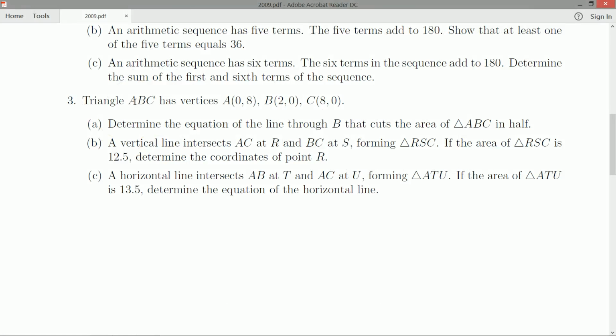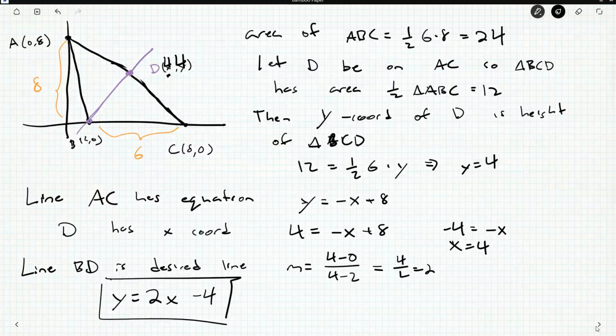All right, so that's part A. B. A vertical line intersects AC at R and BC at S. This forms triangle RSC. If the area of RSC is 12.5, determine the coordinates of R. Okay. So let's draw a picture of what's going on here.